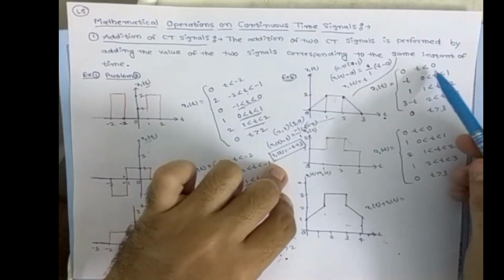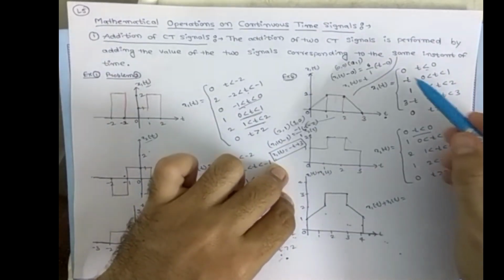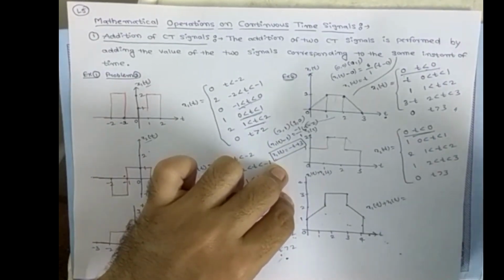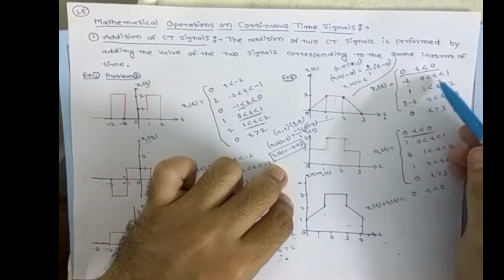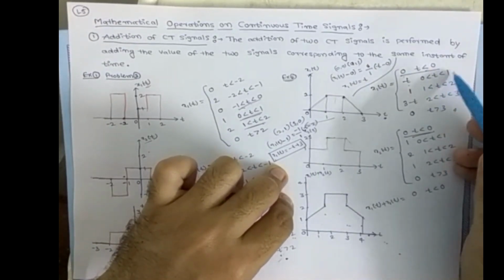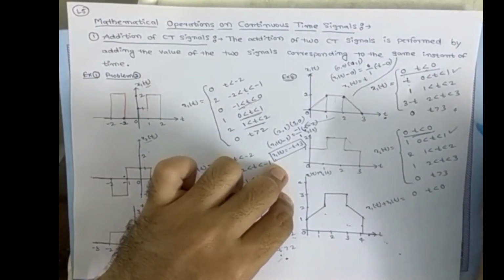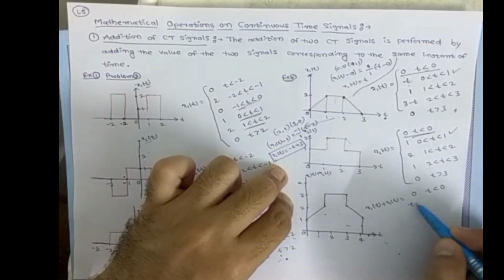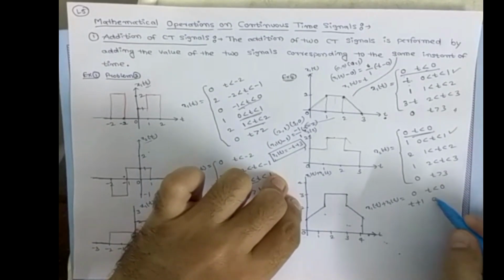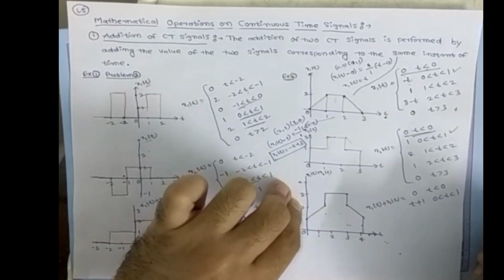So for t less than 0, we add these, and we get 0. For 0 less than t less than 1, this one and this one, t plus 1.